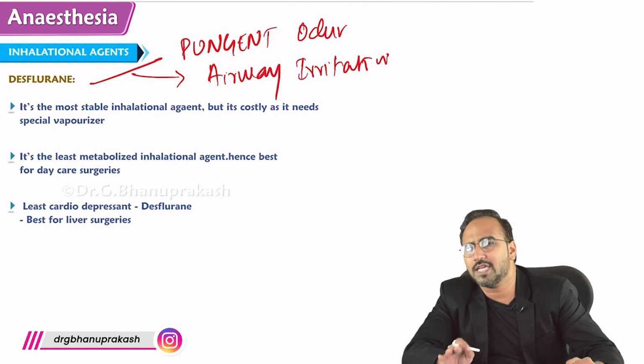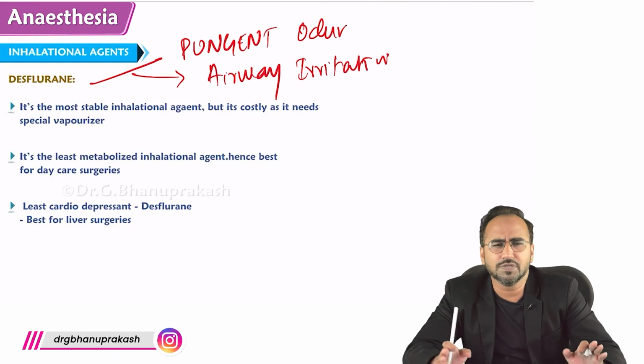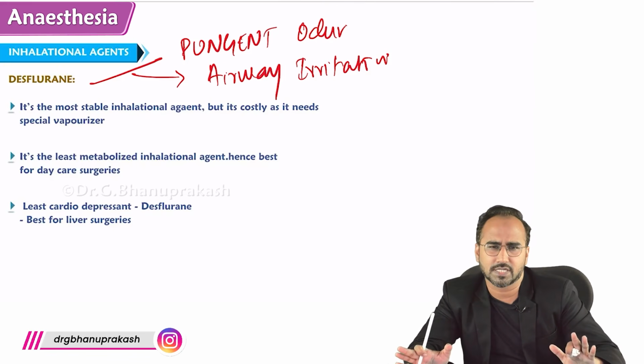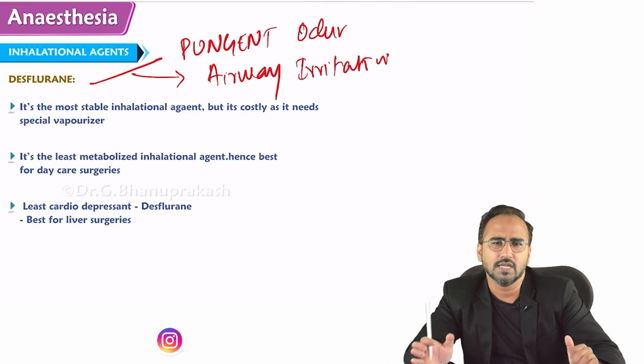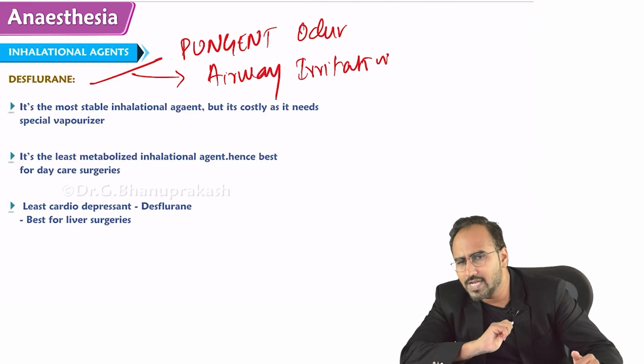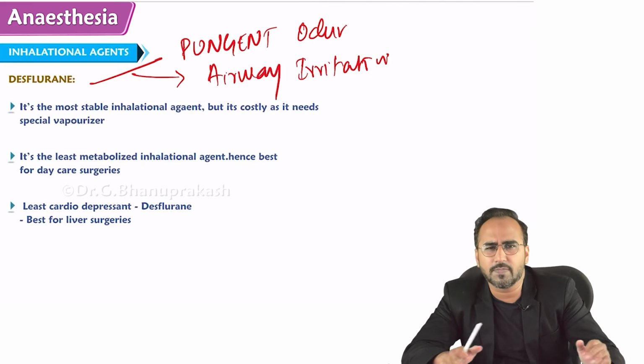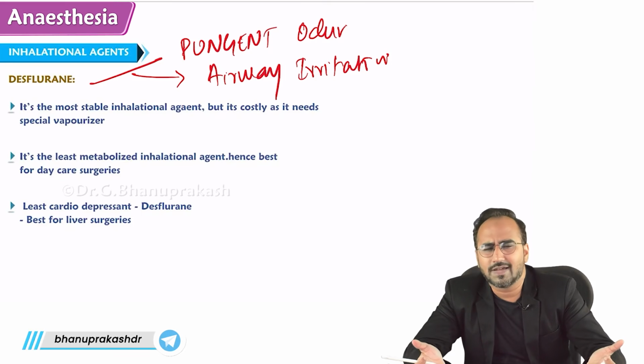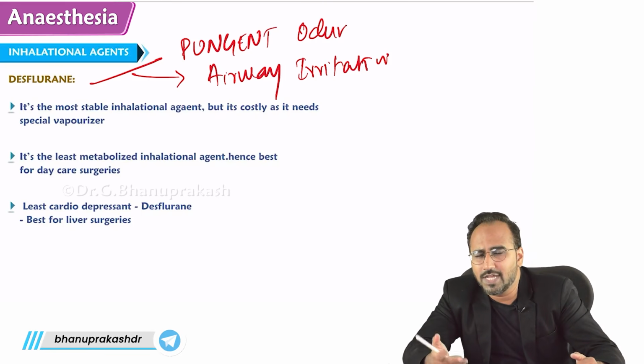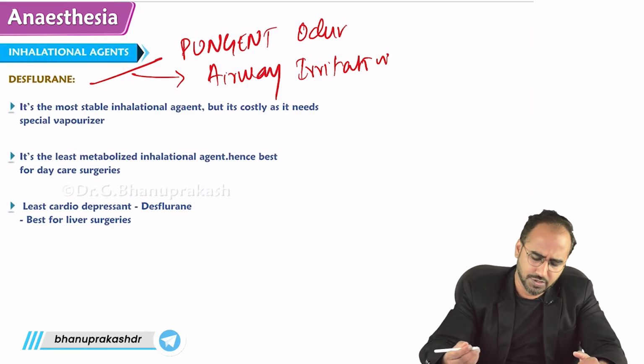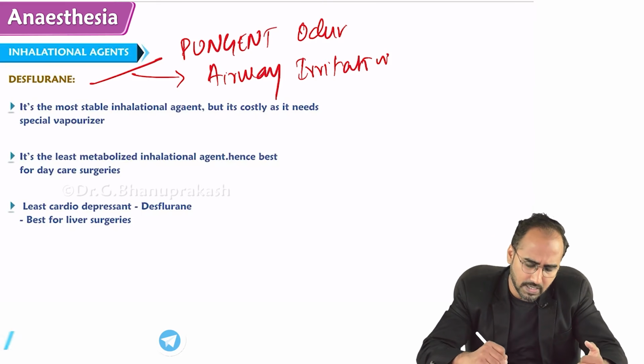Basically, it is the best agent for heart disease, best for daycare. I used to remember DES is the best. Why? Best agent for cardiac disease, best agent for liver pathologies, because it has the least metabolism in the liver. Apart from that, it is the best agent for daycare surgeries. Right? So those points we have to remember.